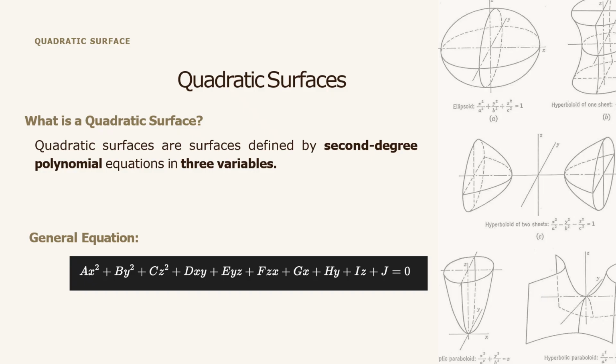The general equation for a quadratic surface is given below, which is ax squared plus by squared plus cz squared plus dxy plus eyz plus fzx plus gx plus hy plus iz plus j equal to 0. As we can see in this equation, this is a second degree polynomial equation. So this is the general equation for quadratic surfaces.